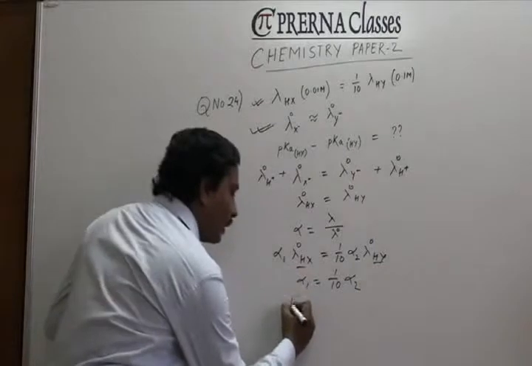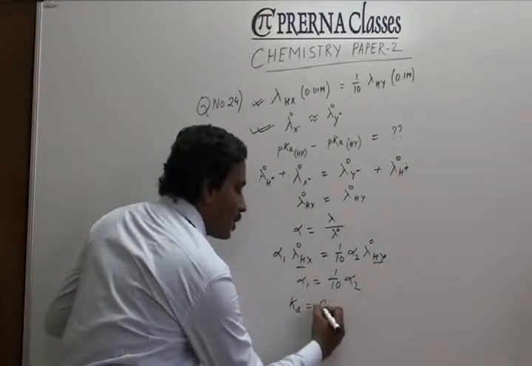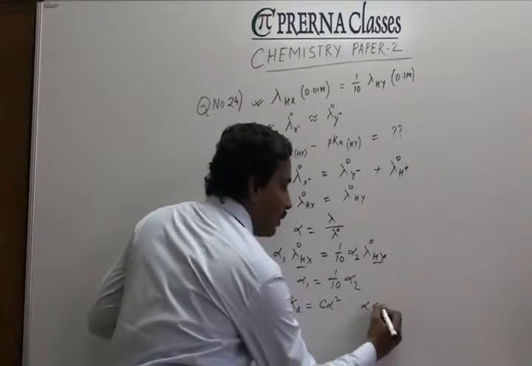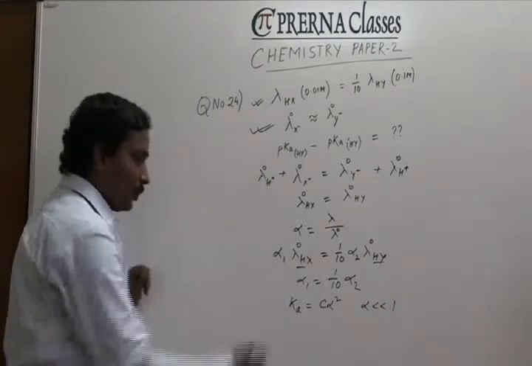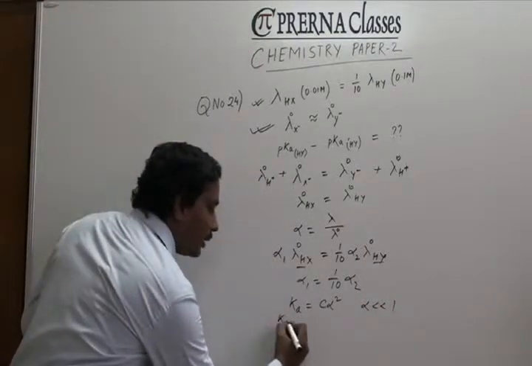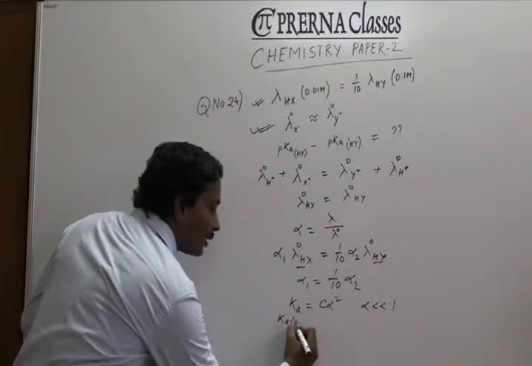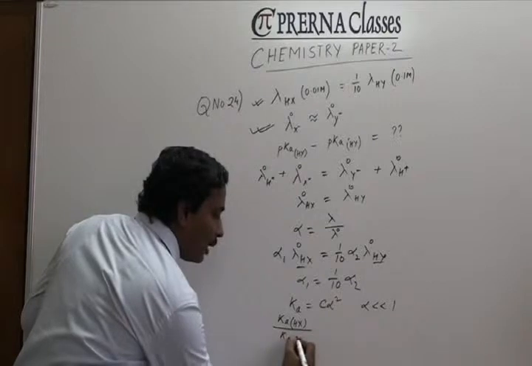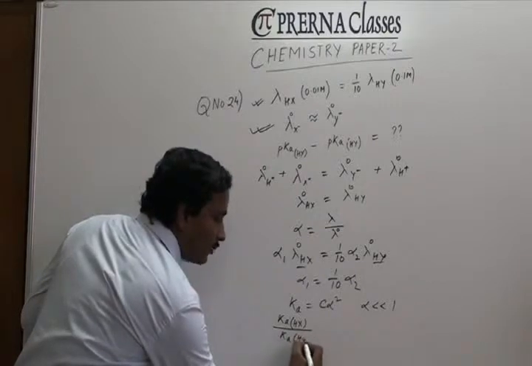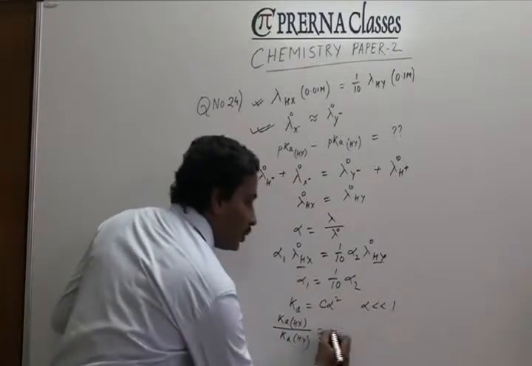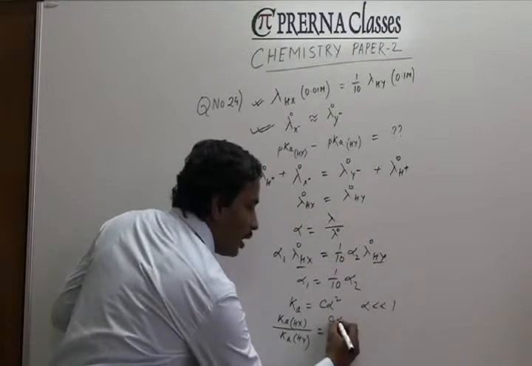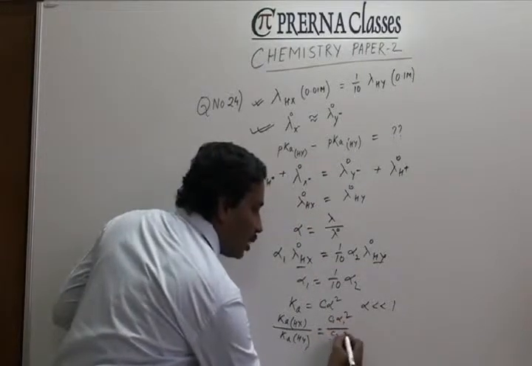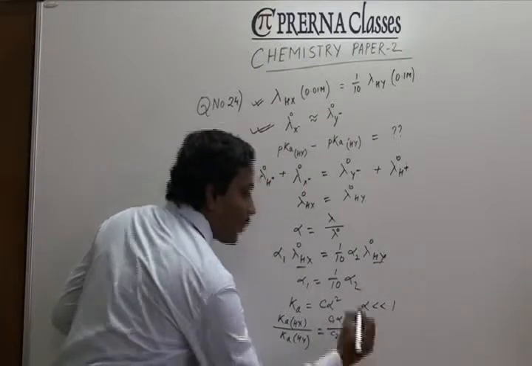and we know that Ka is equal to C alpha square when alpha is very much less than 1. So we can say that Ka of HX by Ka of HY should be equal to C1 alpha 1 square by C2 alpha 2 square.